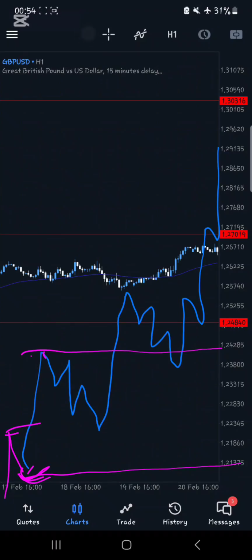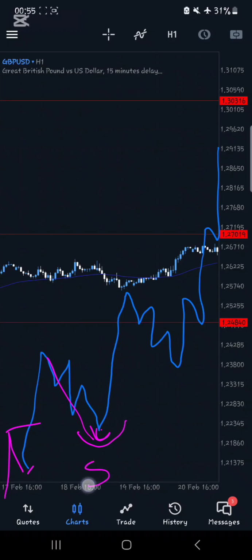Then let's move on to this example over here, and how the market looks in this case. What are we going to be looking for? This is the lowest point the market reached when it was pulling back, so this is our swing low. We mark that to the future.